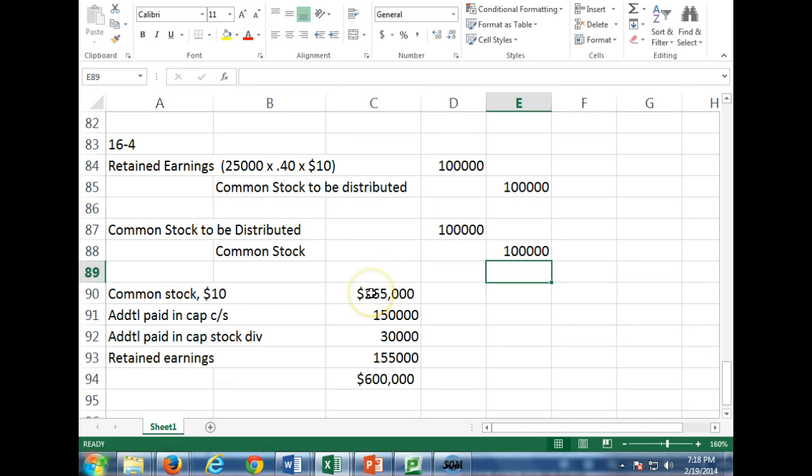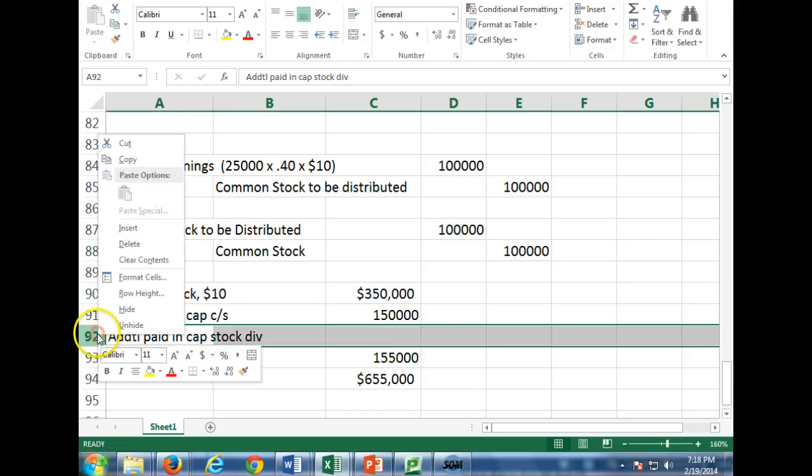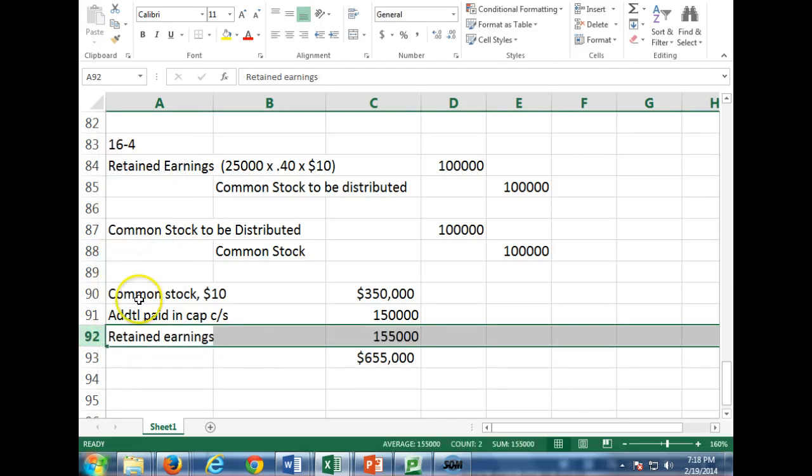So if we do that, what is our common stock amount? 350? Because we're not going to have any additional paid-in capital down here. It's all going right into common stock at par value.